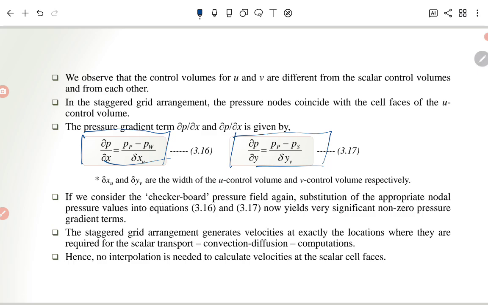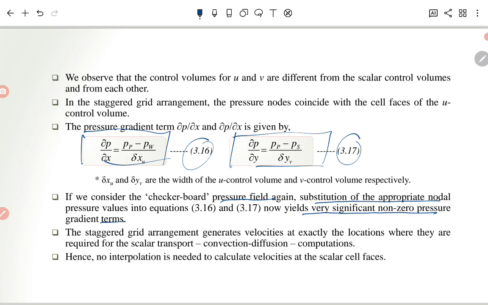And if we consider the checkerboard pressure field again and substitute the nodal pressure values into equations 3.16 and 3.17, we get a very significant non-zero pressure gradient term. So here we have a non-zero pressure term.